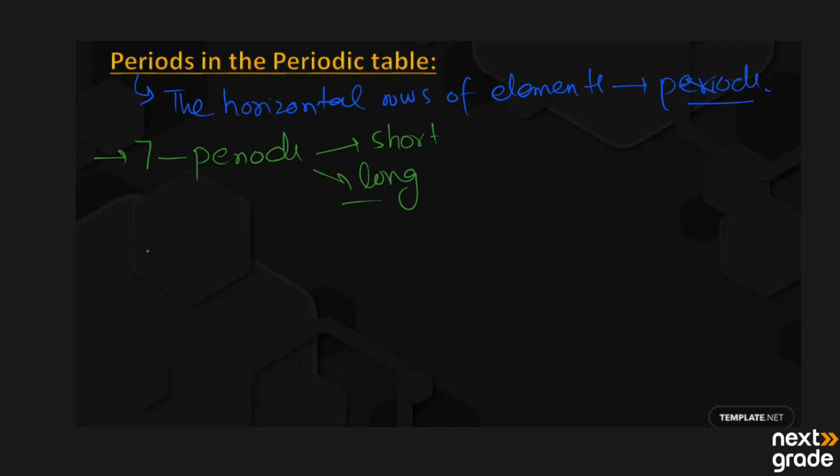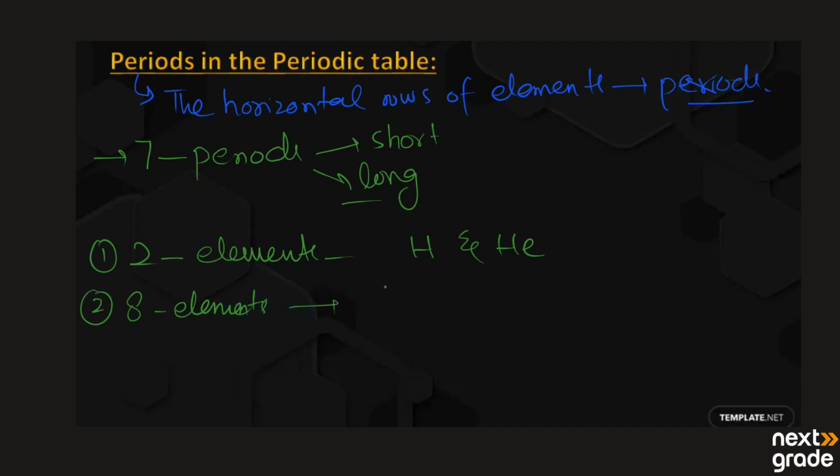If we start from the first period, it has just two elements, hydrogen and helium. The second period has a total of 8 elements, starting from lithium and ending at neon.